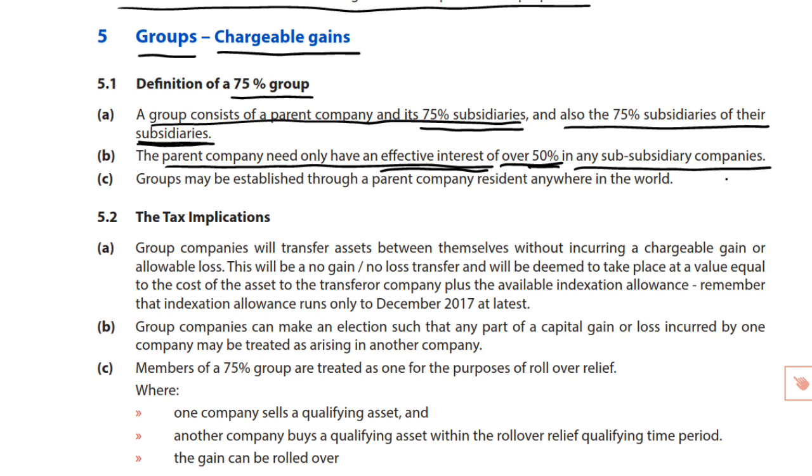Now compare that with the situation that we had when dealing with group relief, where there were indirect subs. To be able to group relief from a parent company to an indirect sub or vice versa, the effective interest between the parent company and the indirect sub, the sub-subsidiary, had to be an effective 75%.